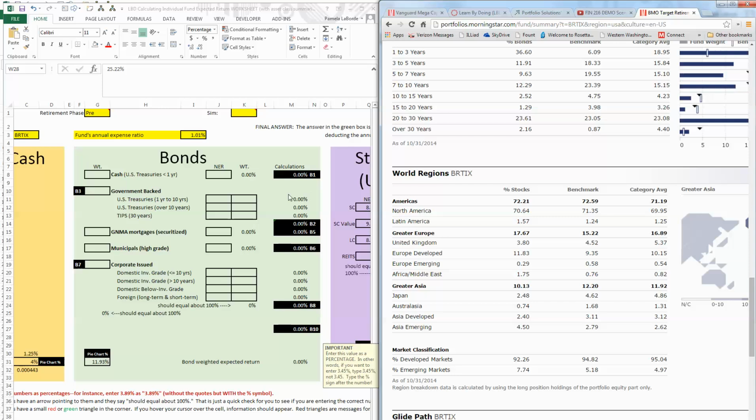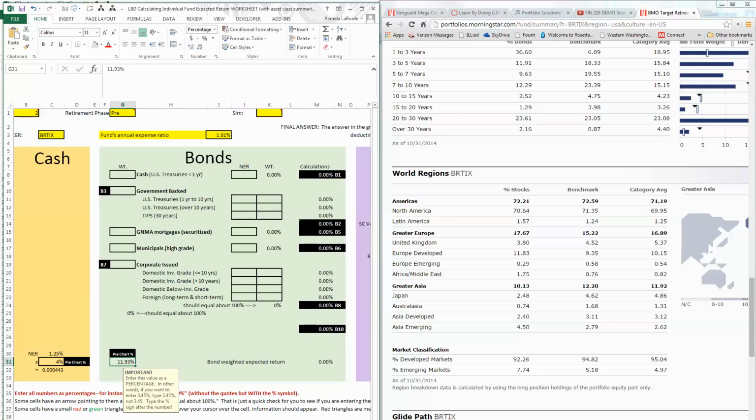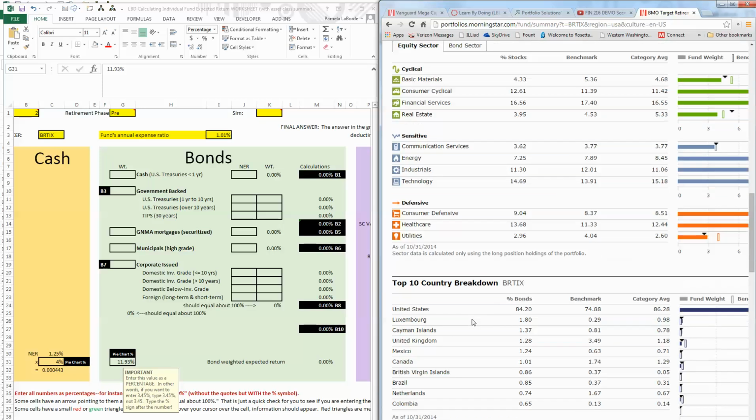So now if you only had a fund that had stocks in it and it didn't have any bonds, you would leave this green section blank. You'd actually have a pie chart percentage here of 0. And if you have a percentage here of 0, there's no need to complete that colored section. You actually wouldn't even be able to because they wouldn't have data for it. But I have a percentage in all my colored sections, so I need to fill them all out.